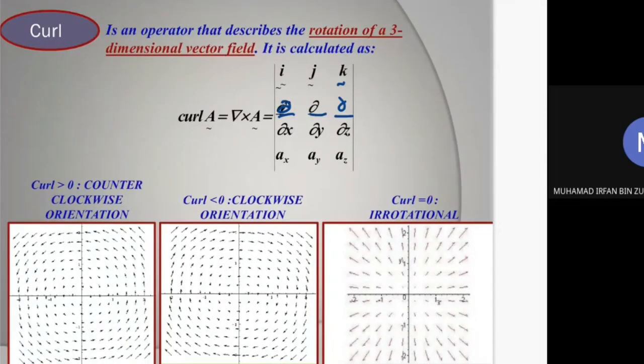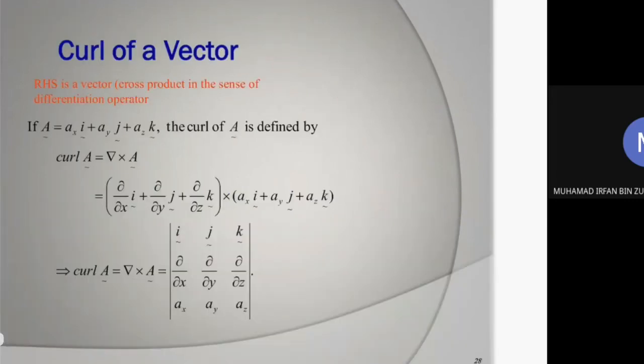When curl is greater than 0, it rotates in the counterclockwise orientation. If curl is less than 0, it rotates in the clockwise orientation, and if curl is equal to 0, it is irrotational.